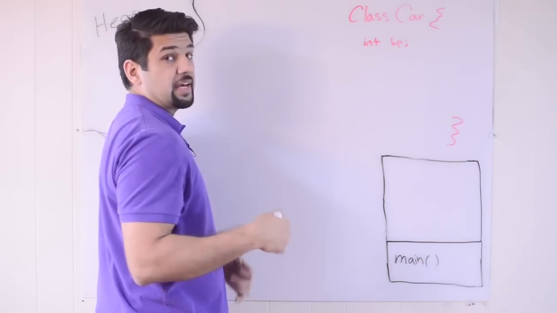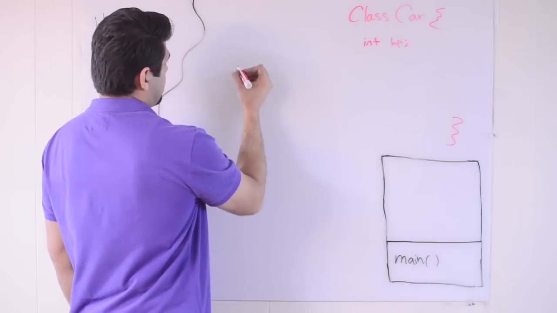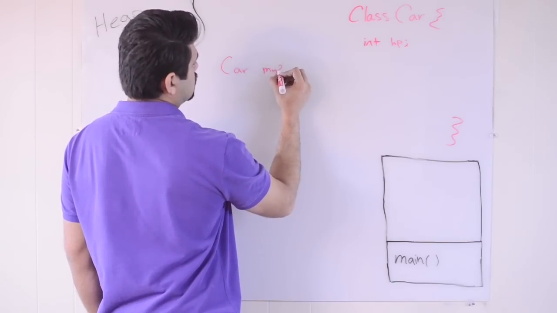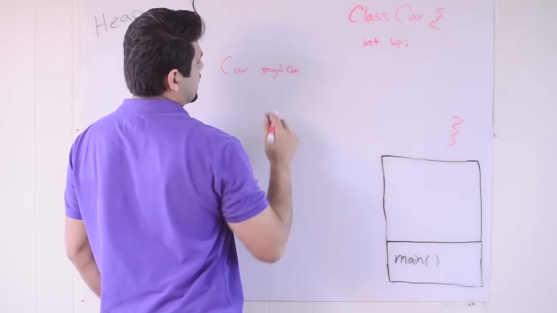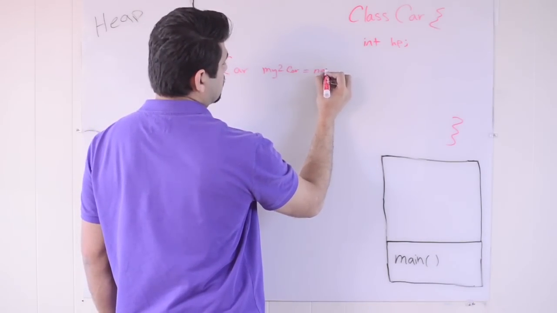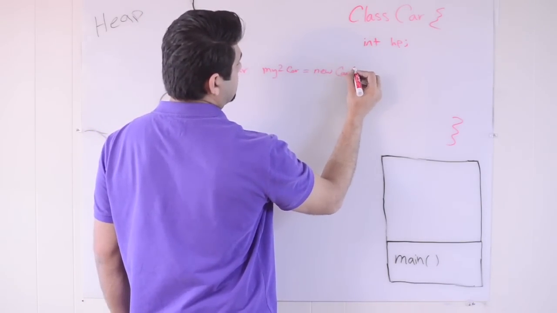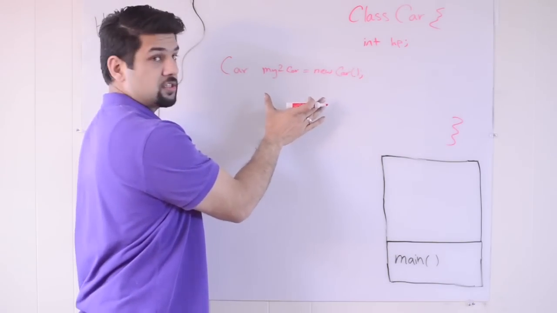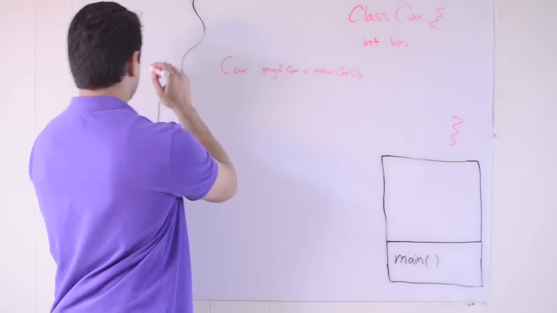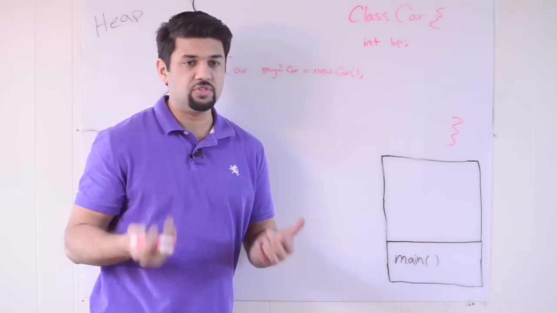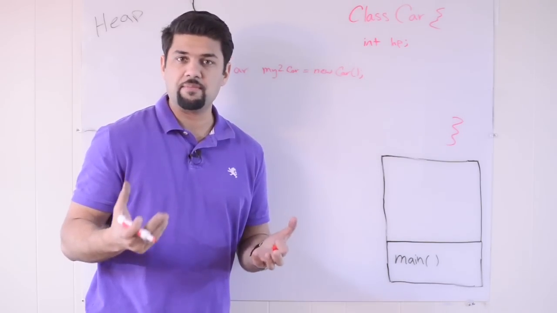And let's create an instance of Car. So we can do Car, and I'm going to call it my2car, just so that it doesn't collide with the previous variables that we've defined, equal to new Car. When I create an instance of this, an object or an instance, these two terminologies are used interchangeably. They're essentially the same thing.